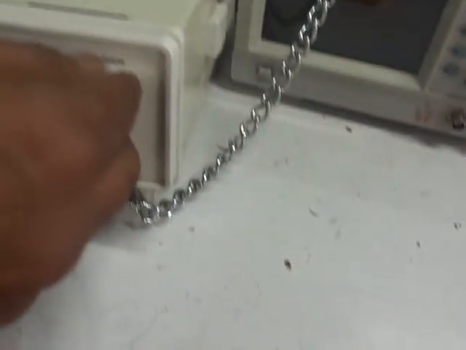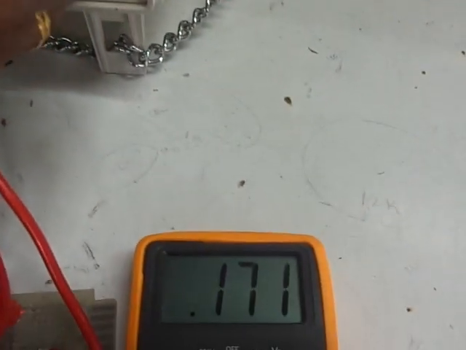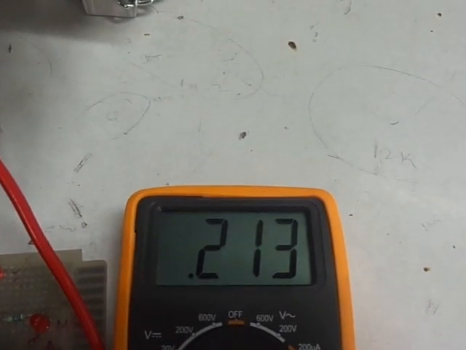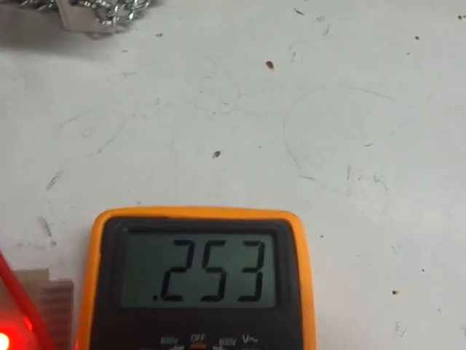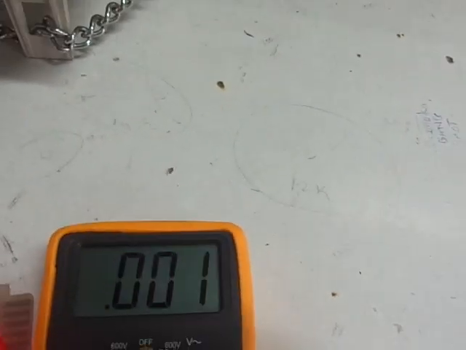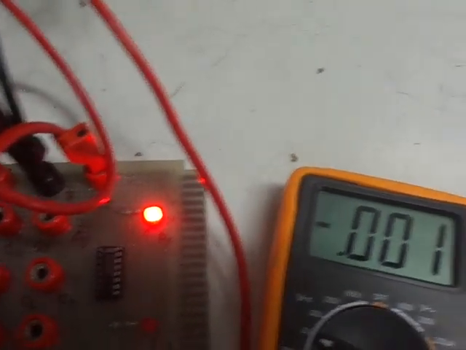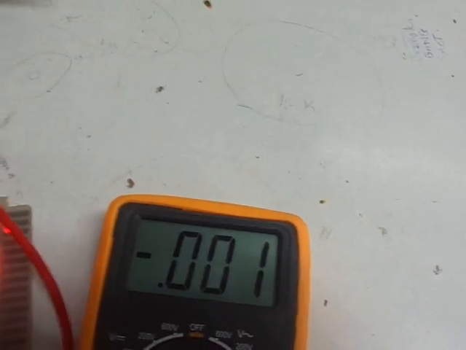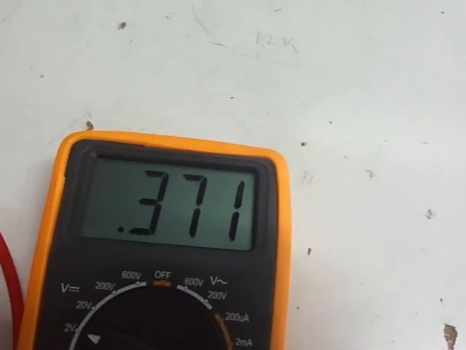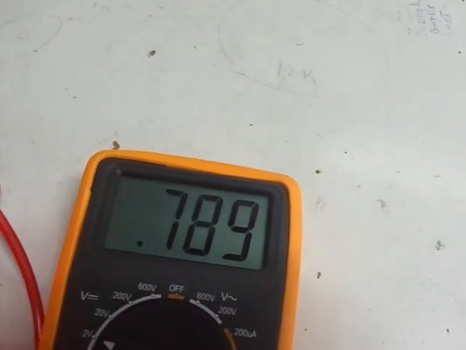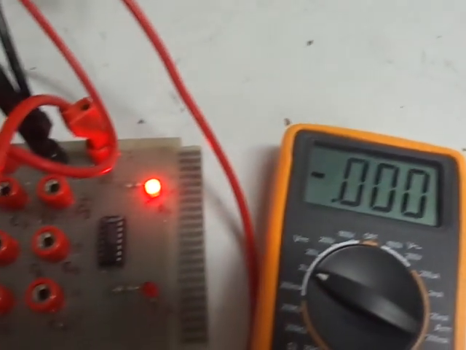Now I will take the second condition. If I increase the analog input signal, it is greater than 250 millivolts, as we have considered here. Then we will check the output of the comparators.